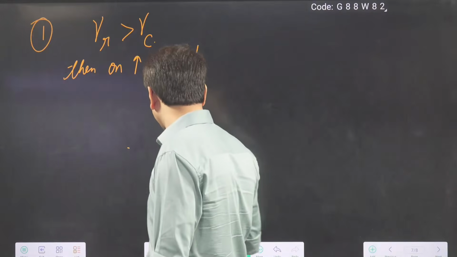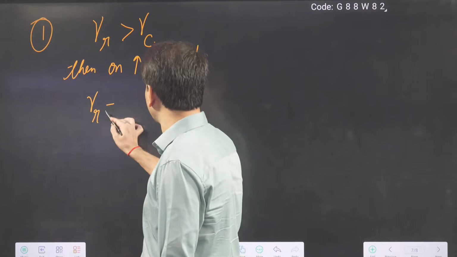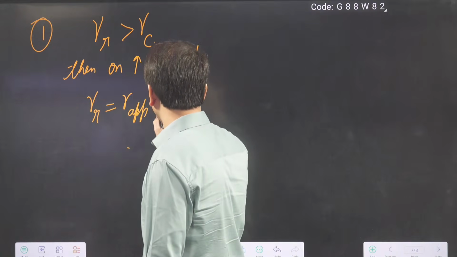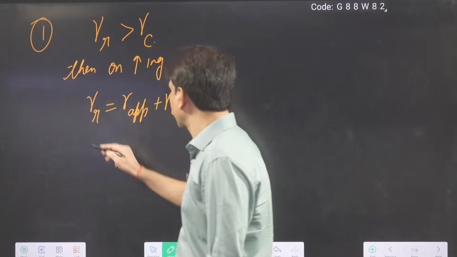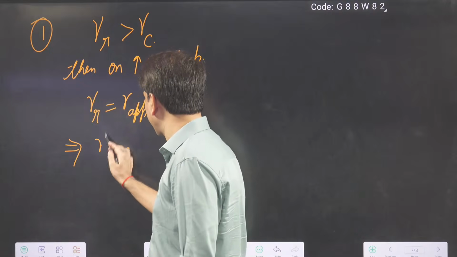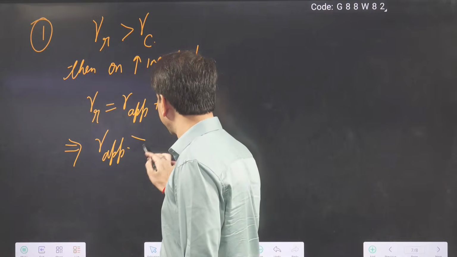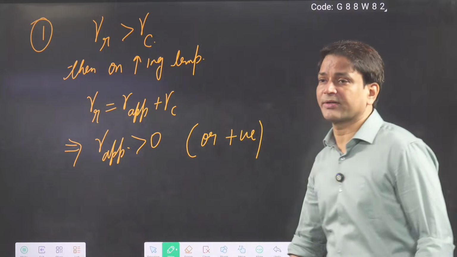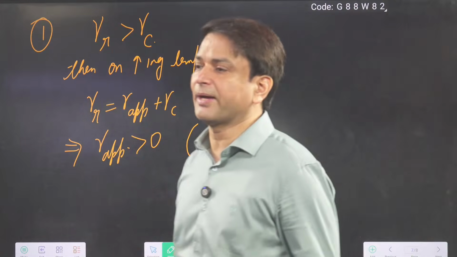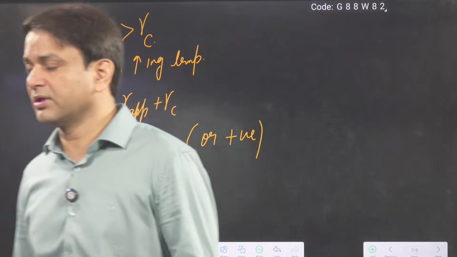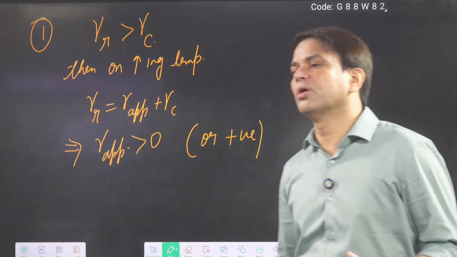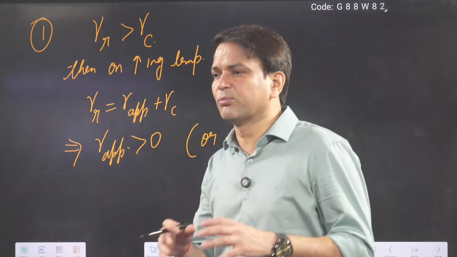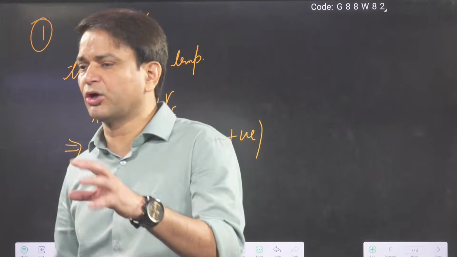Mathematically also, if you see, gamma real is equal to gamma apparent plus gamma container. So gamma real is more, it means gamma apparent is greater than 0, or we can say positive. Gamma apparent is positive means that on increasing the temperature the liquid expanded. So when the liquid's gamma real expands more than the container, then overflow will be there.